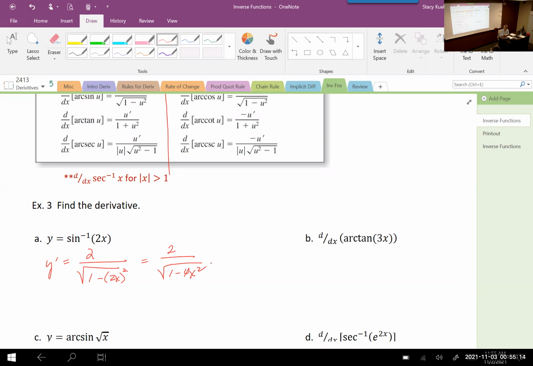What do you think for tangent? All right, tangent. Notice that the derivative for tangent is the derivative of the argument over 1 plus the argument squared. So for the derivative of the inverse of tangent of 3x, we have 3 over 1 plus 3x squared, or 3 over 1 plus 9x squared.